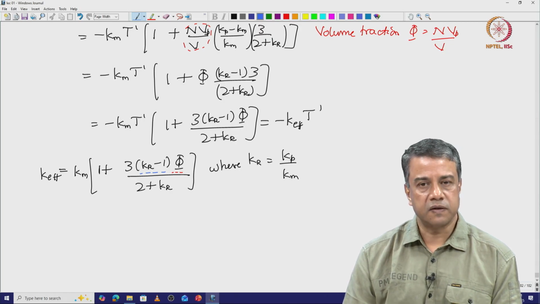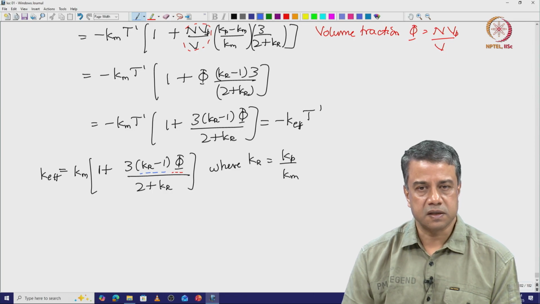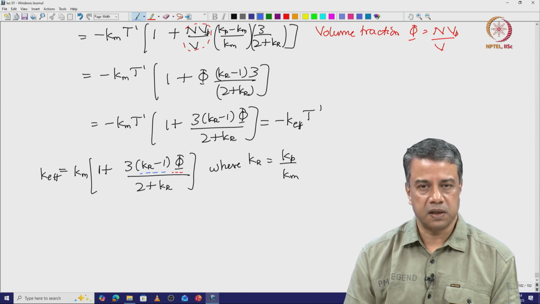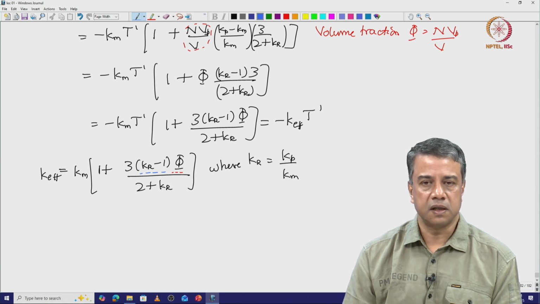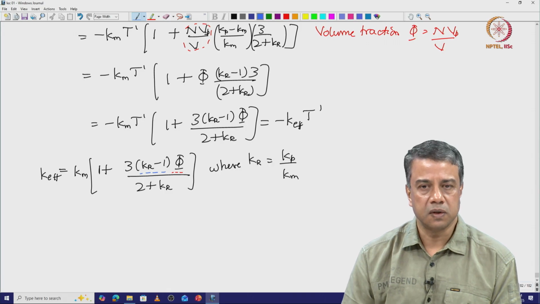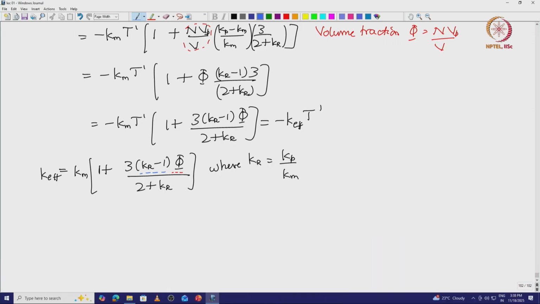Of course, this calculation is valid only in the dilute limit. As the system becomes more concentrated, there will be an effect of an interaction between the disturbances to the temperature fields of nearby particles.